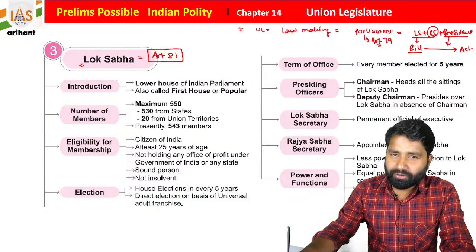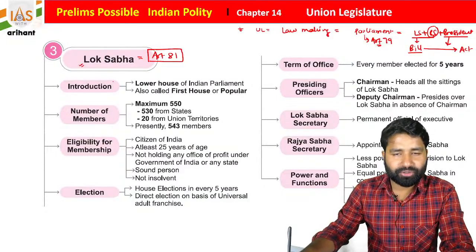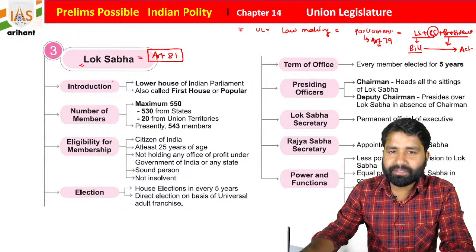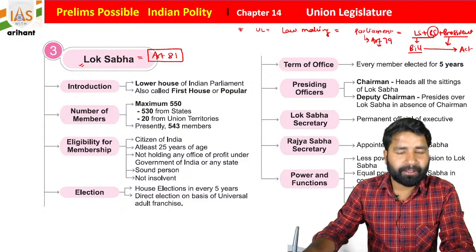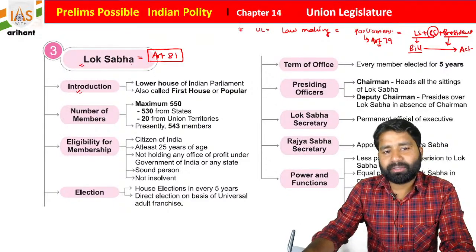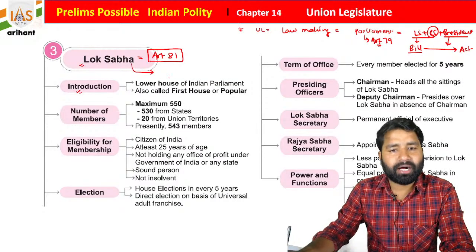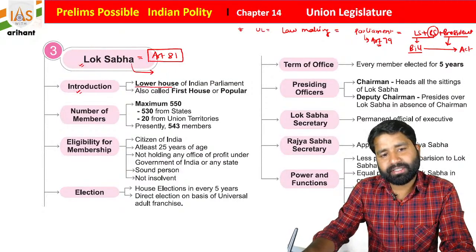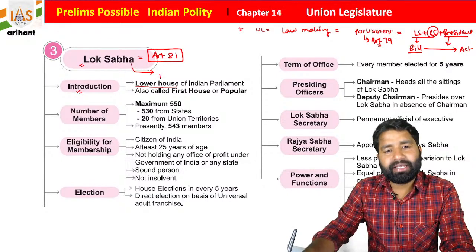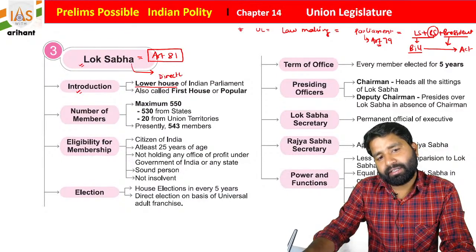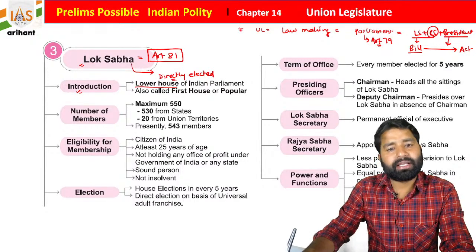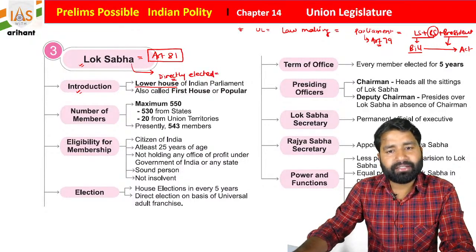If I go with the mind map, this mind map is going to help you a lot in your revision as well as in your understanding. Basically, Lok Sabha is considered the lower house, and its members are directly elected. That's why this house is called the House of the People.